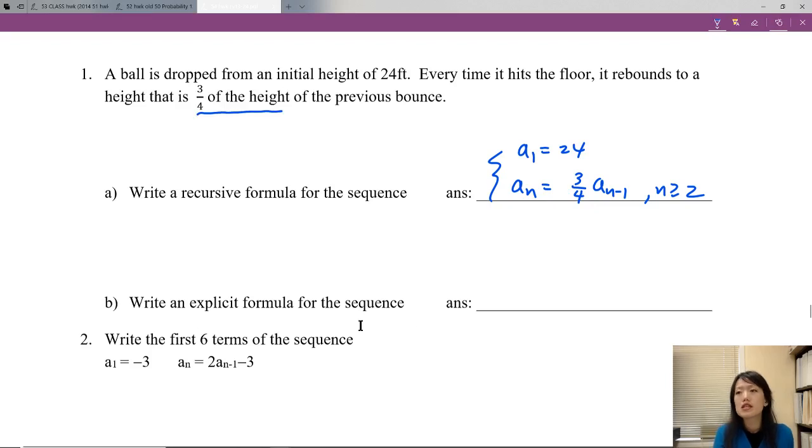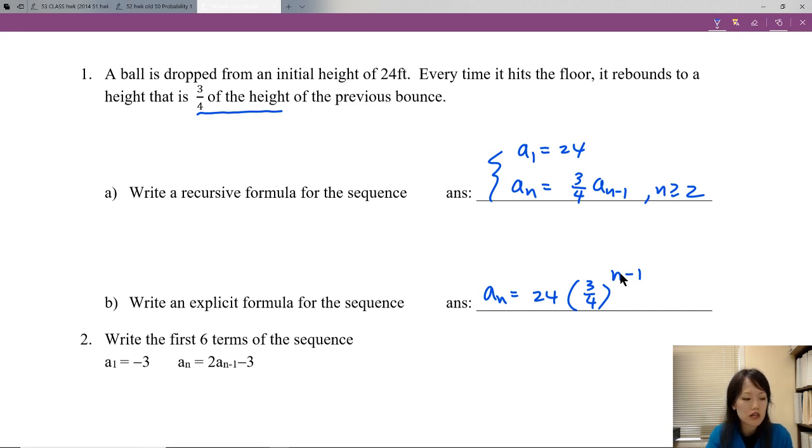Okay, next one. Write the explicit form. So the explicit form for the series is a sub n equals the first term, so 24, times r, common ratio, 3/4. Usually it's to the n minus 1, so we can check. Let's write this and check. So if we sub in the first bounce, 1, that's 24, that's correct. Sub in 2, second bounce.